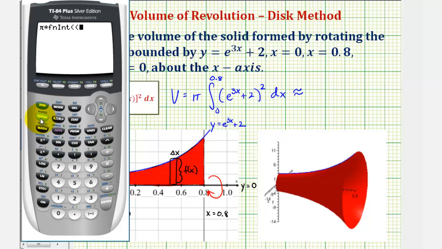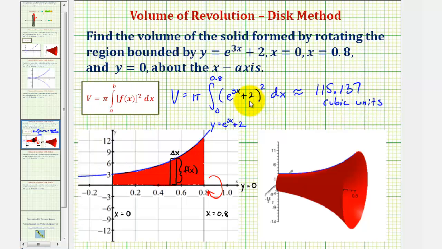So in parentheses, e to the power of 3x plus 2, all of this squared, comma x, the variable of integration, comma 0, the lower limit, comma 0.8, the upper limit, and enter. So this volume is approximately 115.137 cubic units.